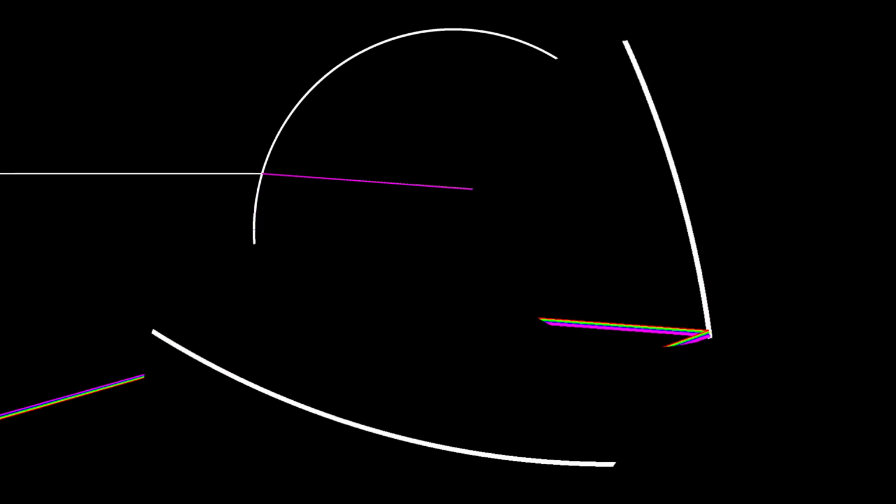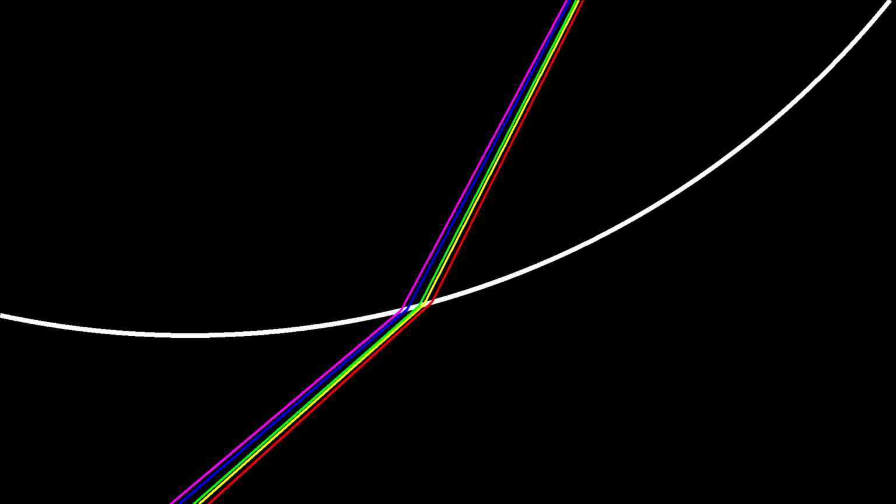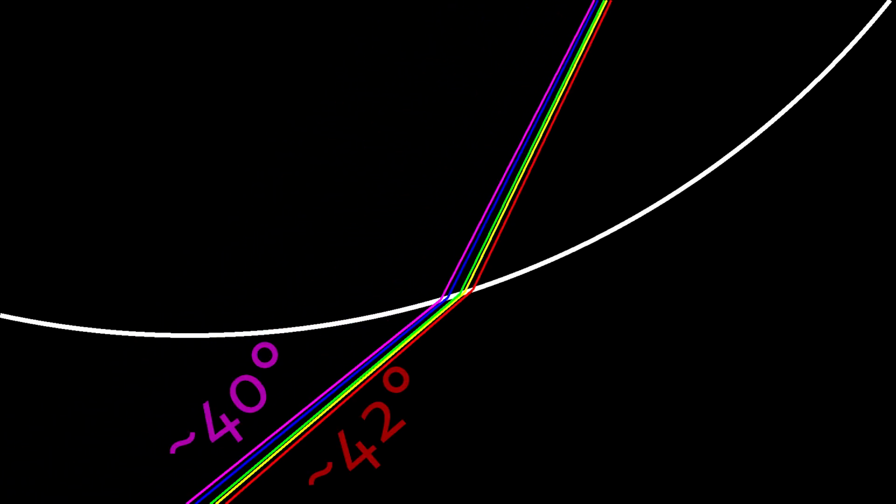Each color, or wavelength to be exact, refracts at a different angle. From violet to red, the angle between incident and outgoing rays is from about 40 to 42 degrees. In this path, 42 degrees is the maximum angle. Beyond 42 degrees, there is no visible light, so it's pretty dark.